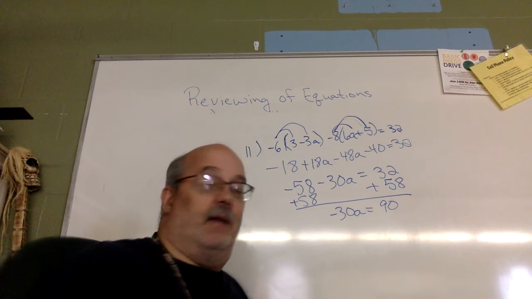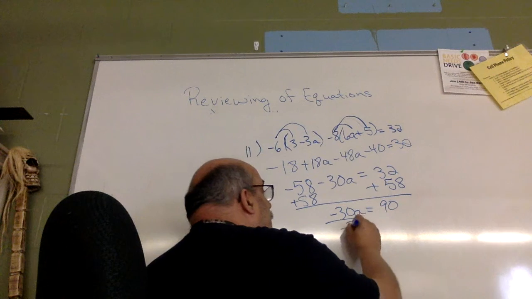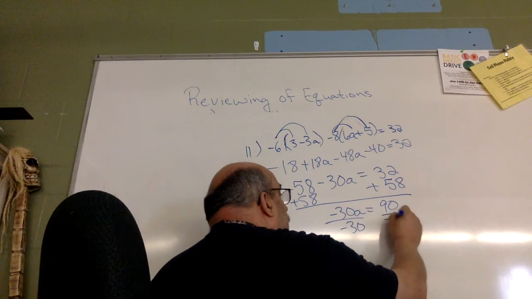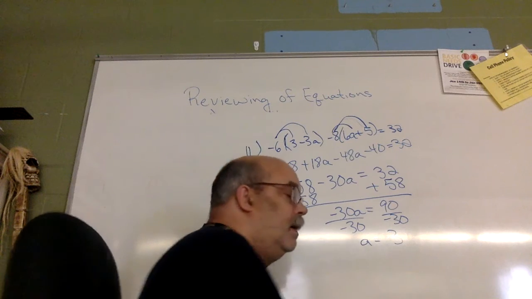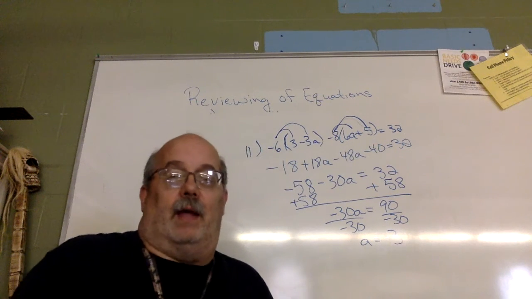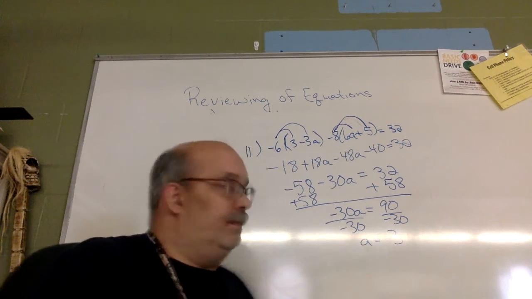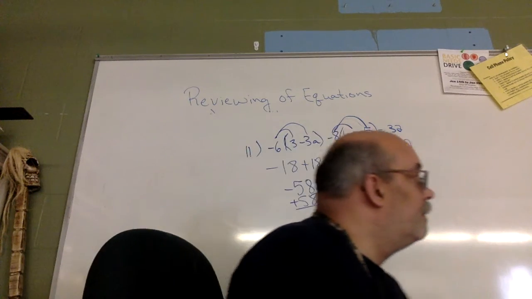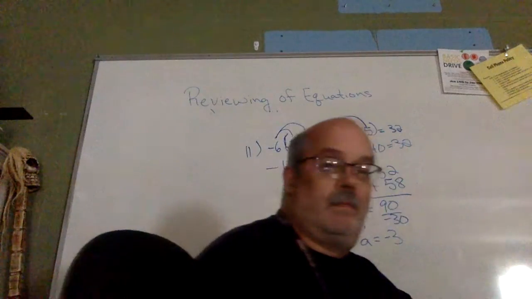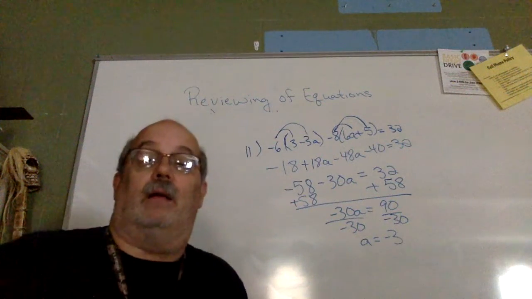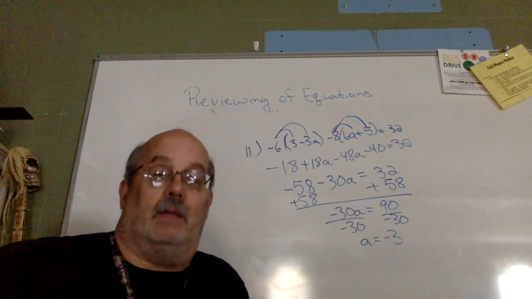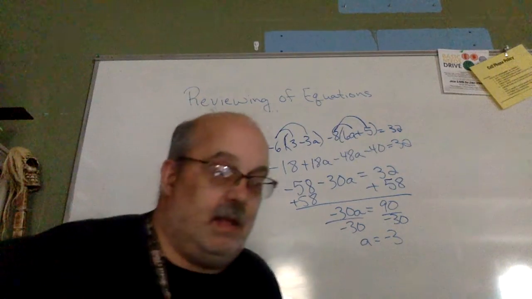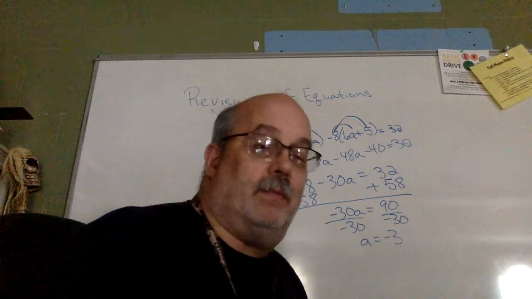So I'm going to divide by negative 30. So a equals negative 3. I have a variable on the left side, a number on the right. It's done. We'll do 2 more problems.